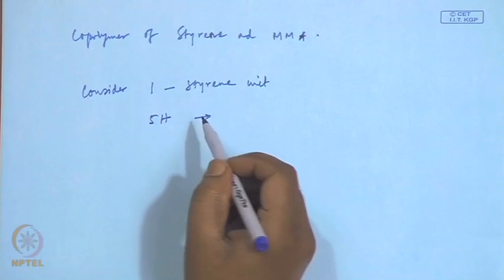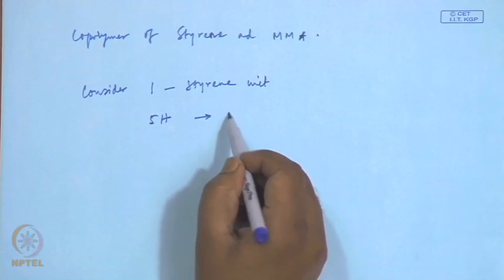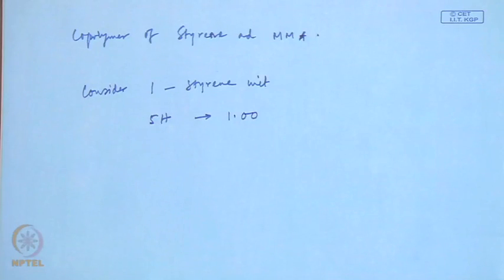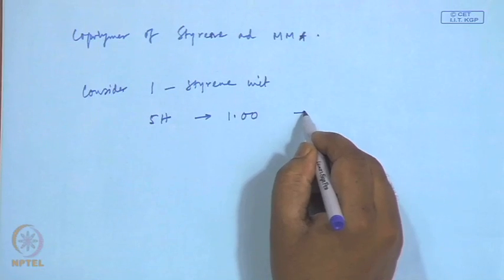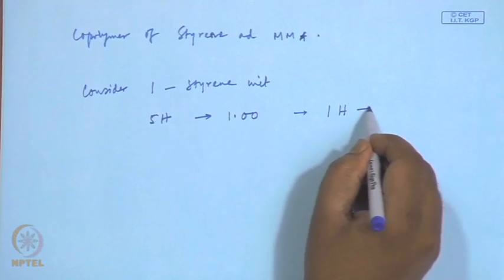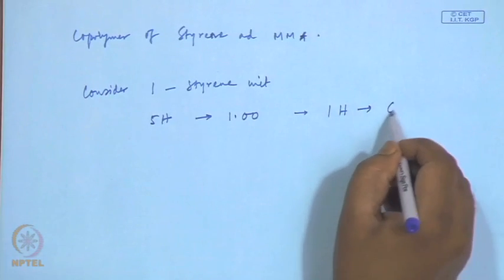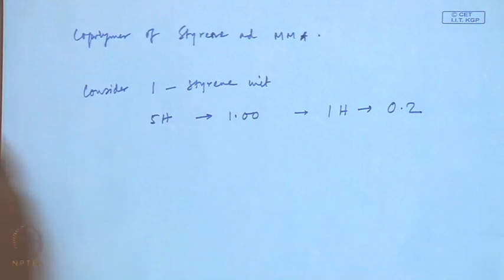Now, the integration corresponding to this is 1.00. This is 1.00 for 5 hydrogens. So, 1 hydrogen corresponds to 0.2 integration.